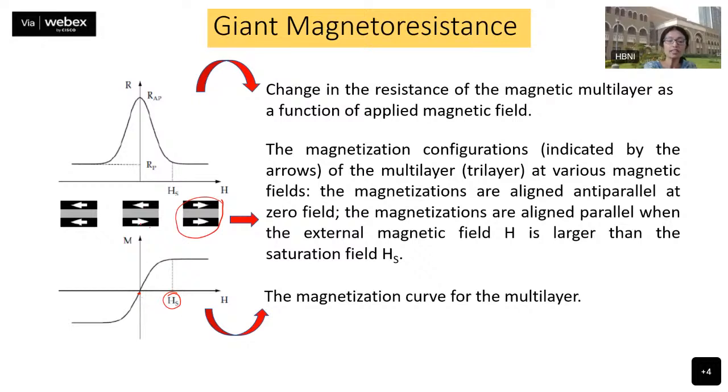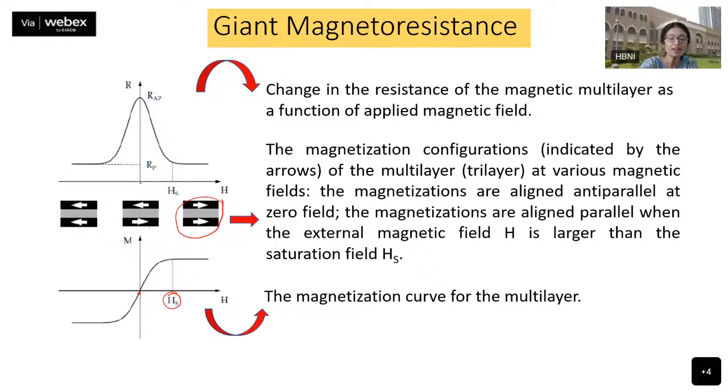At the starting point, it was anti-parallelly aligned. When you apply a magnetic field, it becomes parallelly aligned. Then if you go to the negative direction, applying a field in the other direction, exactly the opposite thing happens. So this is basically the magnetization curve for the multilayer. And this shows how the resistance changes.